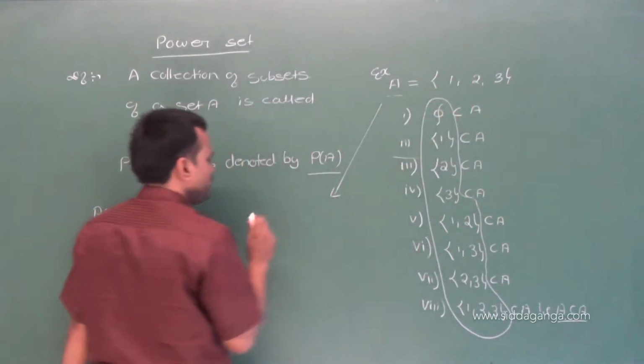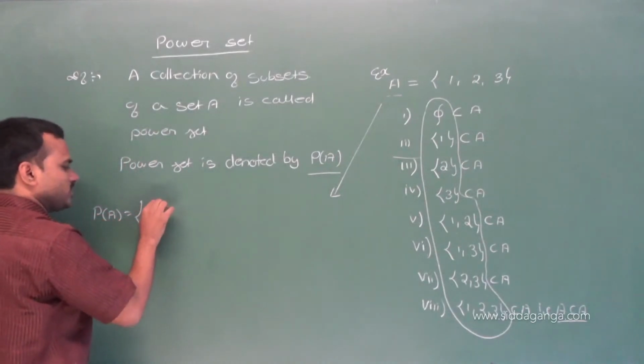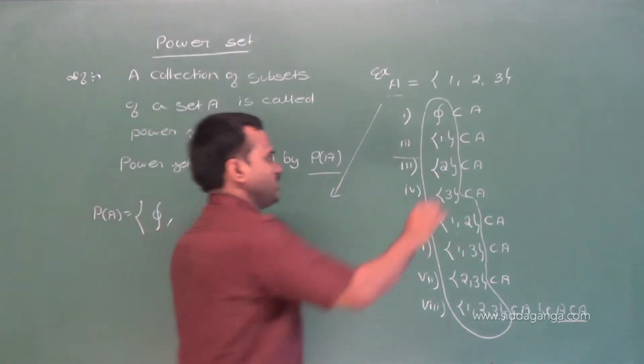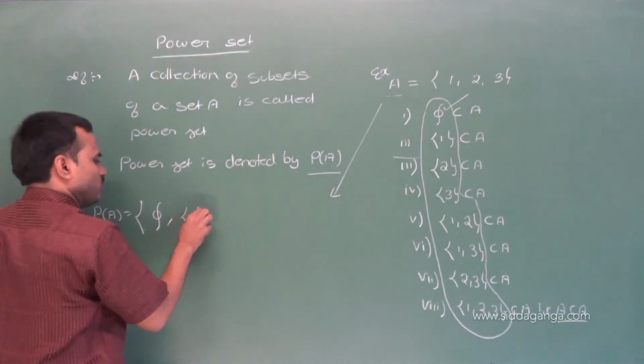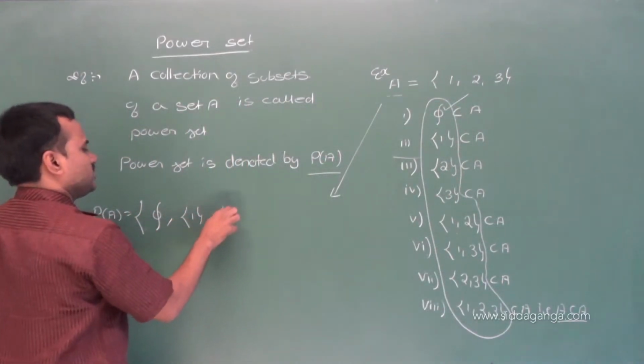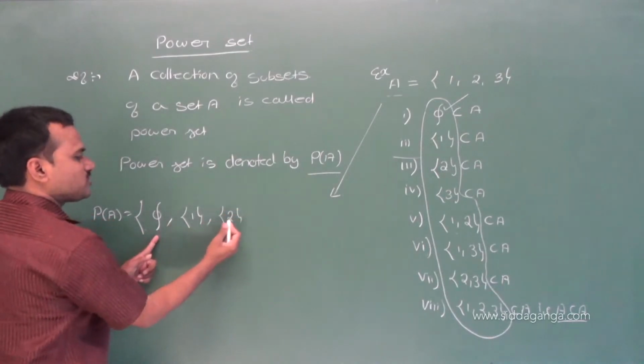P(A) is equal to: first one is the empty set. Second one, the element containing 1. Third one, the element containing 2, and then 3.